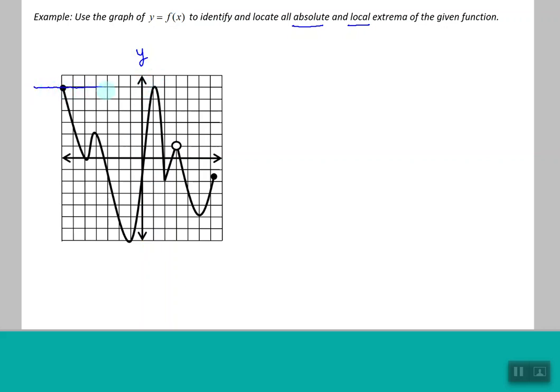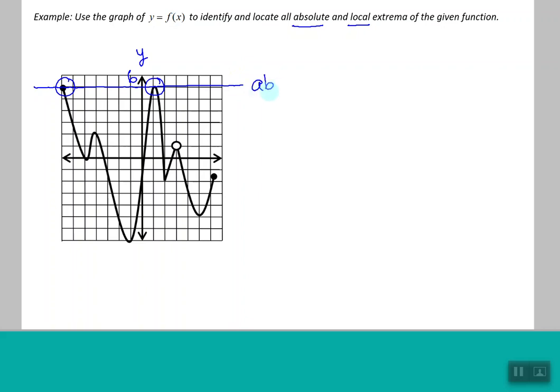And I see that the highest it goes is up to this y value, which is at the y value 6. Now, there are two spots where the graph reaches this y value. One is here and one is here. It doesn't matter how many spots there are, the absolute highest value that the graph goes is the y value 6.